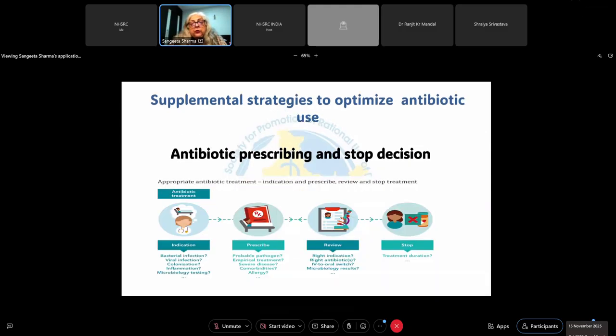So this helps save the broad spectrum antibiotics to quite an extent. There are four things that are very important when it comes to antimicrobial prescribing. That indication has to be there. We need to be very clear what we are trying to achieve with this antibiotic. Is it a bacterial infection that you want to treat, or is it a viral, self-limiting illness?